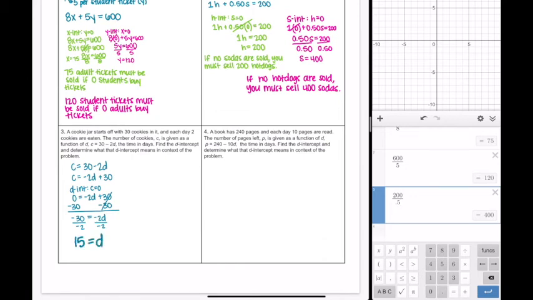Well, what did D represent in the problem? D represented the number of days. Okay, well, how did we get that 15 days? What does this represent? So this tells us if the number of cookies is 0, that means they're all gone.